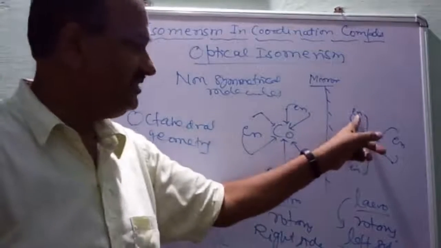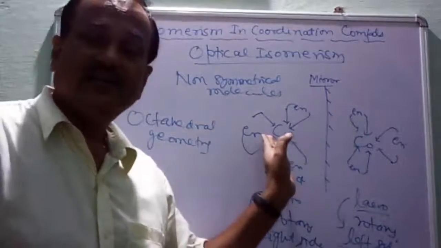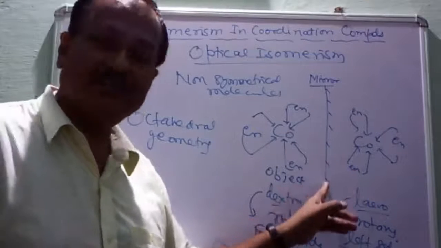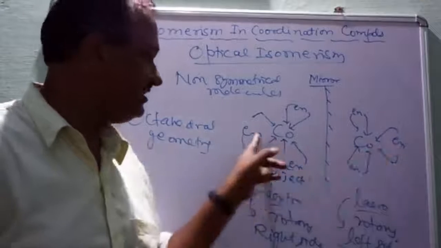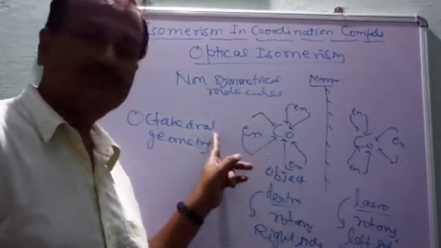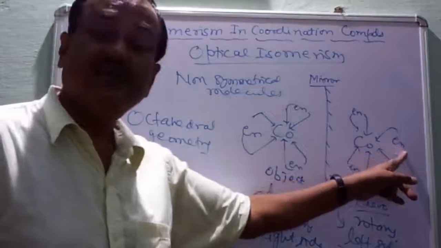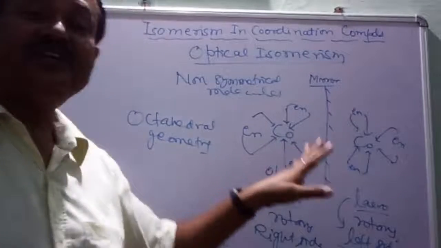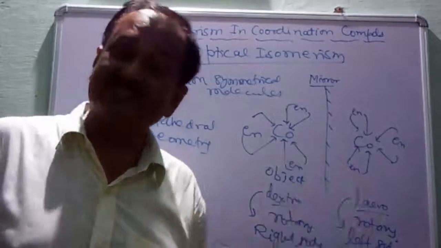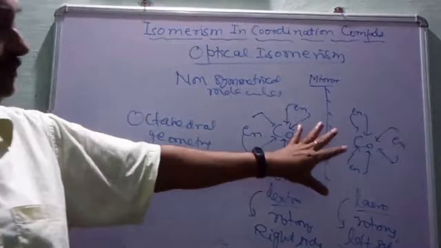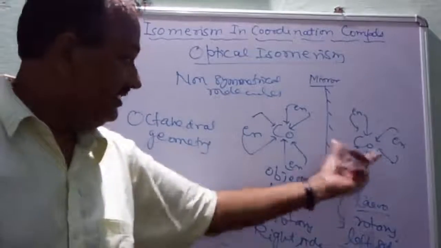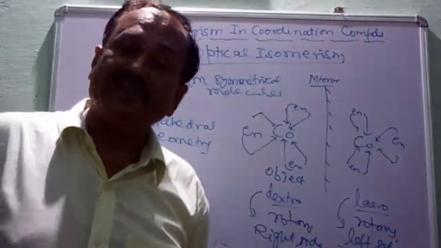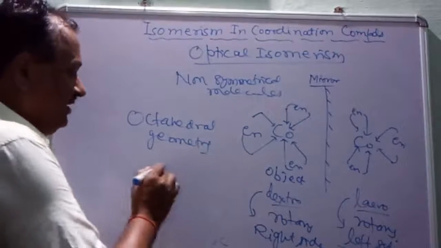See, this en is toward the left hand side, and this en is toward the right hand side. Here this en is on the left side, here this en is on the right side. So none of the three groups are going to coincide. So they cannot be superimposed, and this condition is said to be chiral.